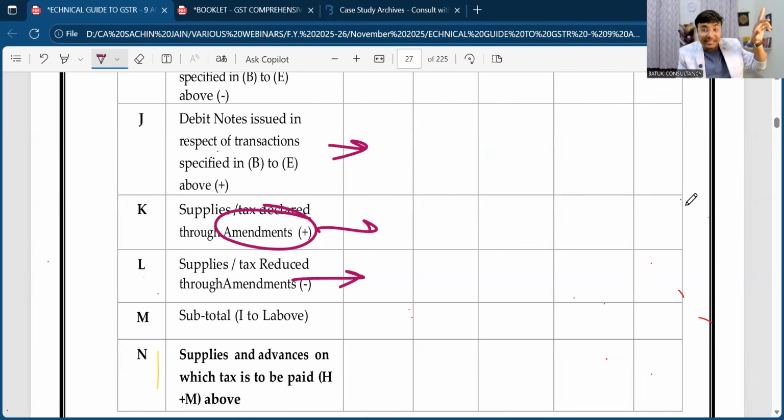Whether we need to consider this while filing the B2B details as per books of accounts? So sir, the main point is that if you have filed any amendment, and after considering the amendment, your amount reconciles with your books of accounts, then no need to change B2B. Okay. Multiple points are there. You just need to link it in your brain. B2B, we need to reconcile with our books of accounts. But the point is that after adjusting the amendments, if your figure automatically reconciles with your books of accounts, no need to change the figures in your B2B tab. Okay.